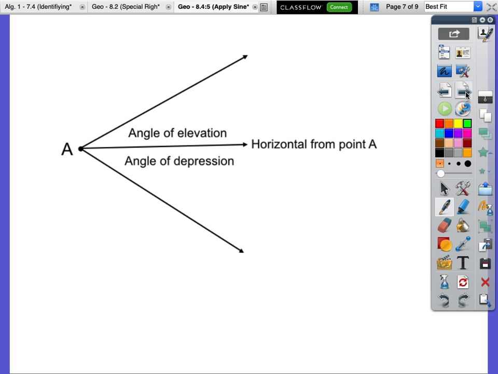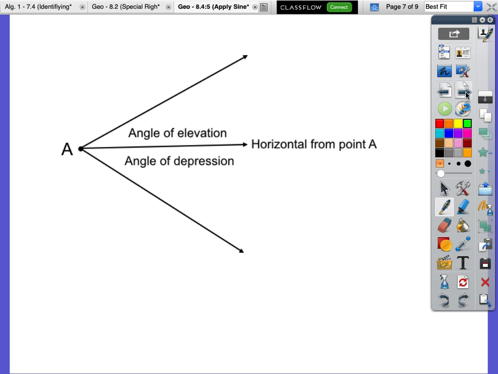If I am at point A, this is a horizontal point. Pretend it's actually perfectly horizontal, okay? It's straight horizontal. And I look up, that now created an angle of elevation with that.